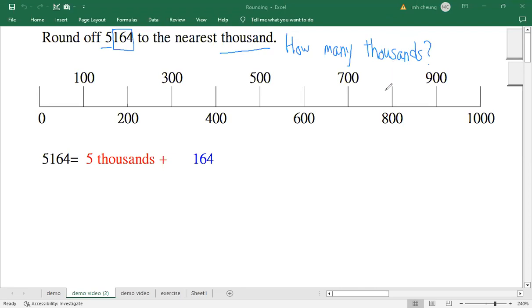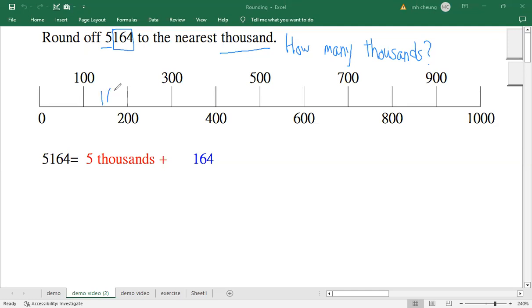As we are looking for how many thousands this number is roughly equal to, we should draw a number line from 0 up to 1,000. Now, on this number line, 164 should be roughly between 100 and 200.